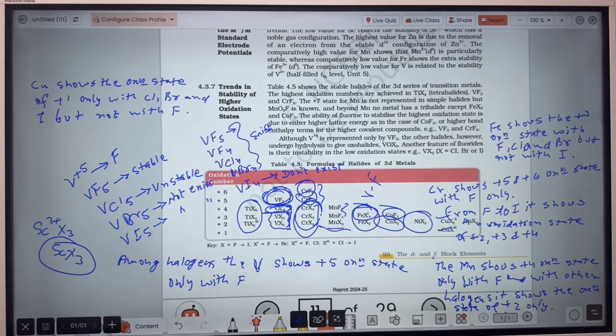And copper shows the +2 oxidation state only with fluorine and chlorine.